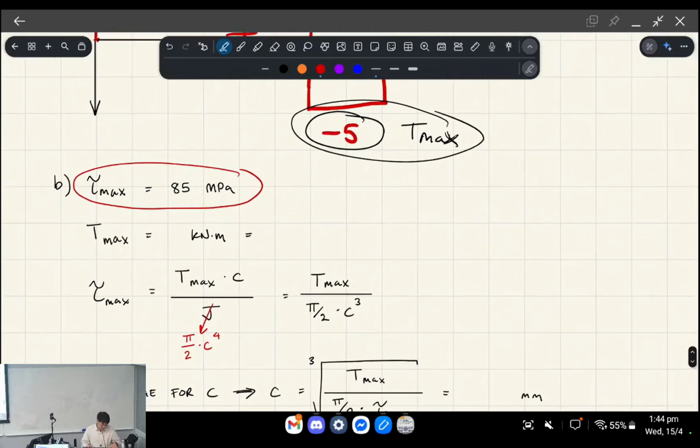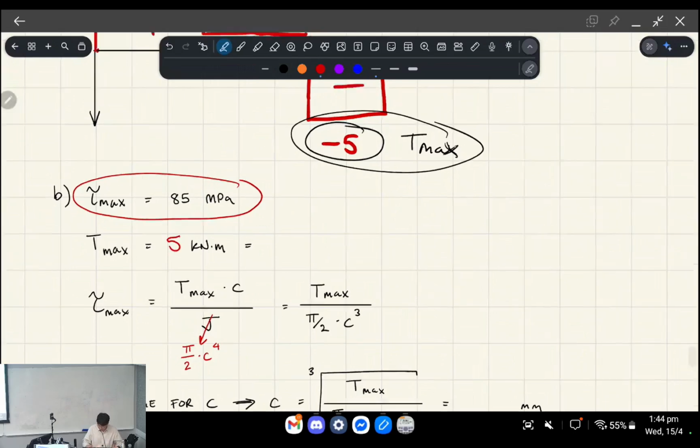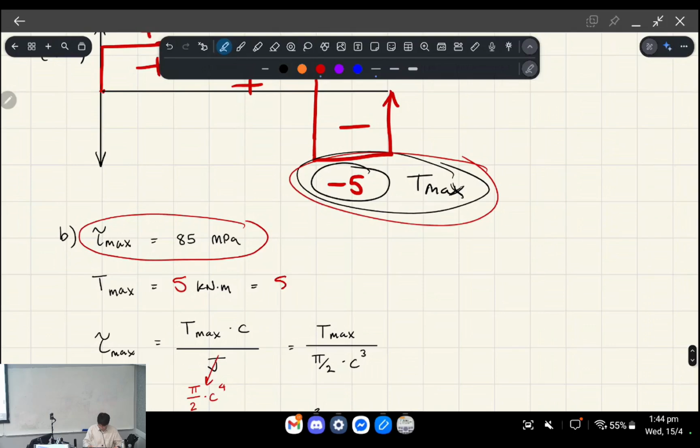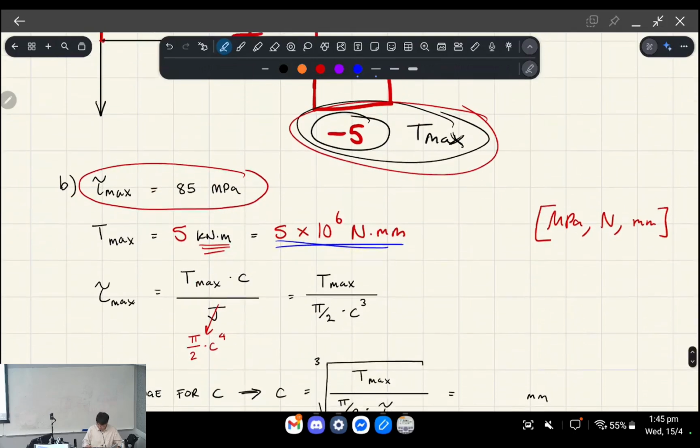And we know that the max torque in the overall system was 5 kilonewton meters, which is this. We want everything in terms of these units: MPa, newtons, and millimeters. So we're going to convert kilonewton meters to newton millimeters, and the way we do that is we multiply by 10 to the 6. That gives you how much torque we need to plug in.